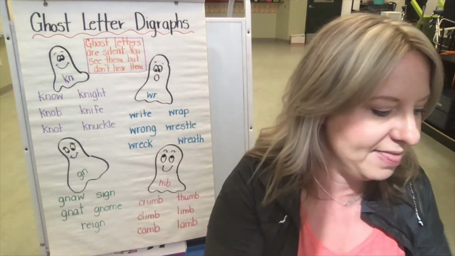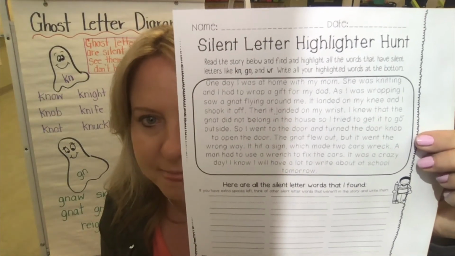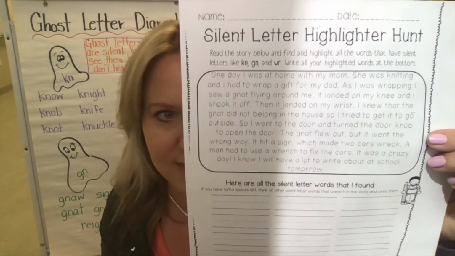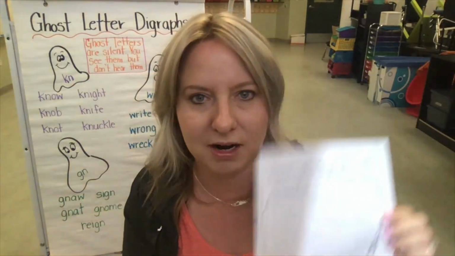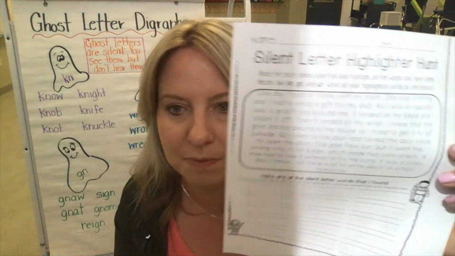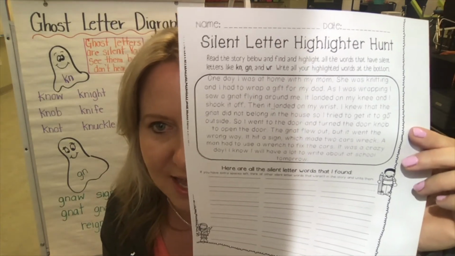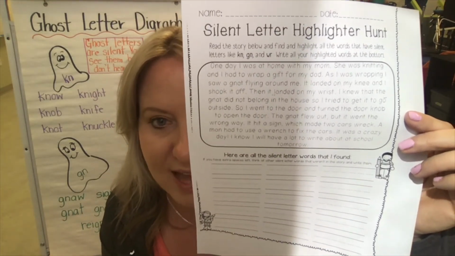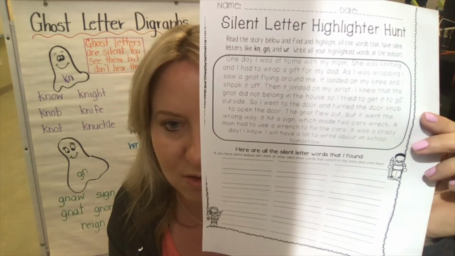Okay? And then the next one, this one is a really tricky one, but I think you can do it. Here we've got a little story that I want you to read. And you might use a highlighter or a marker, and we know how much you love to use highlighters because when you use the highlighter, that helps you find important information. So you're going to read this story, and then you're going to highlight any words that have silent letters like KN, GN, and WR.